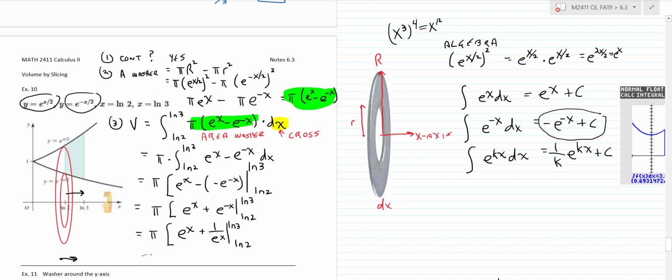Okay, so I get pi times e to the ln3 plus 1 over e to the ln3, minus, now the lower limit would be e to the ln2 plus 1 over e to the ln2 like that.